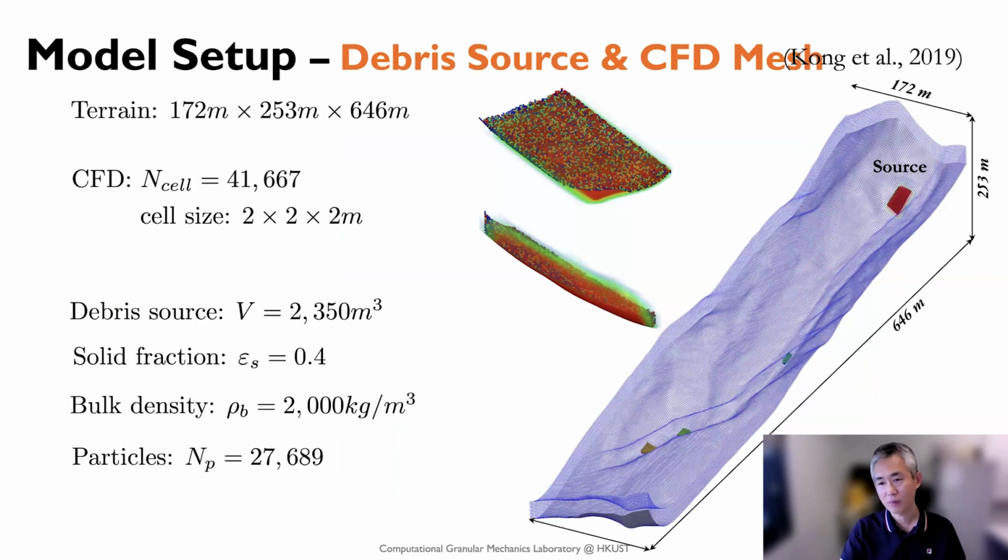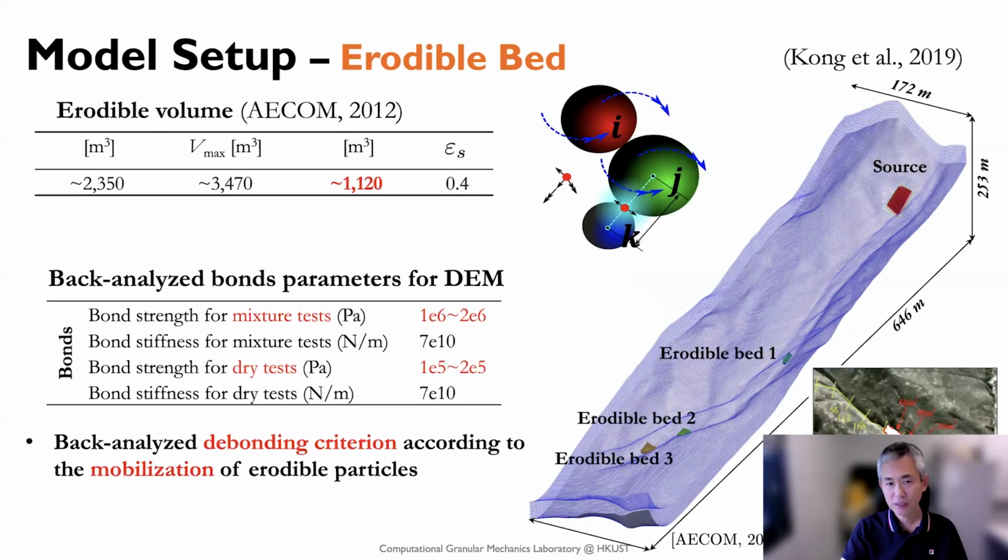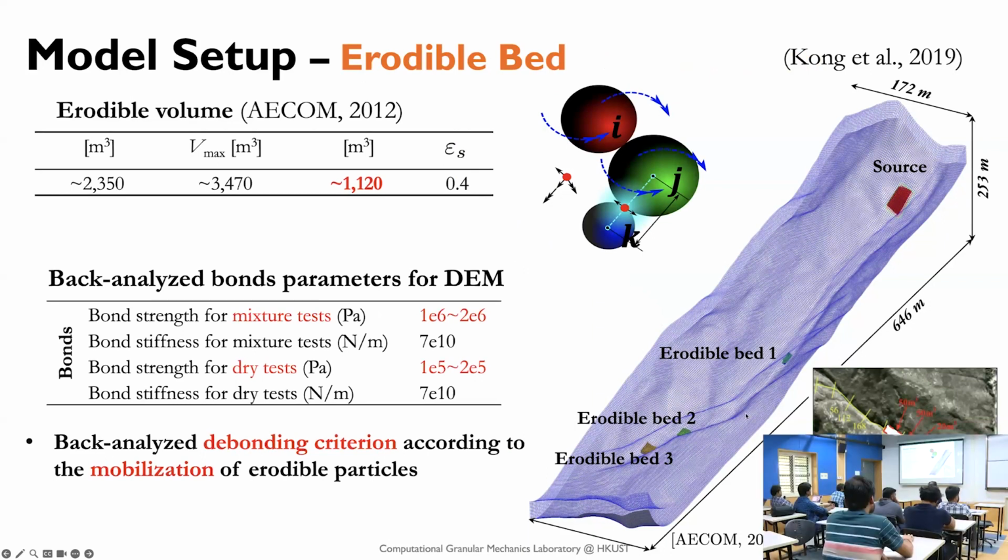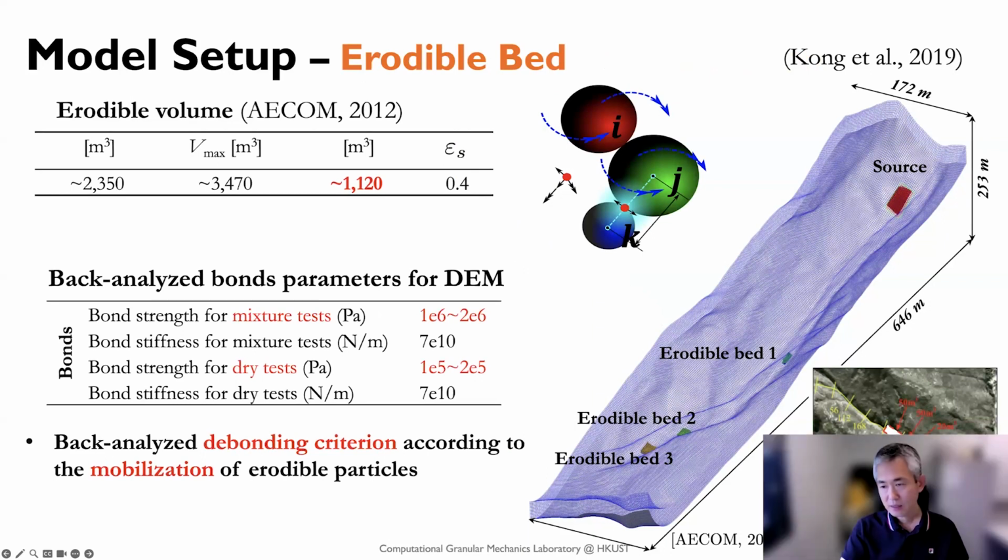Apparently, part of the scaly soil was eroded away, so we provided 3 erodible beds at these locations to add to the total volume from the source part to the deposition part here. We calibrate the model parameters, and also this erodible bed part, and we back-analyze their model parameters for the simulation. And this is the erodible bed part as shown after the site investigation here.